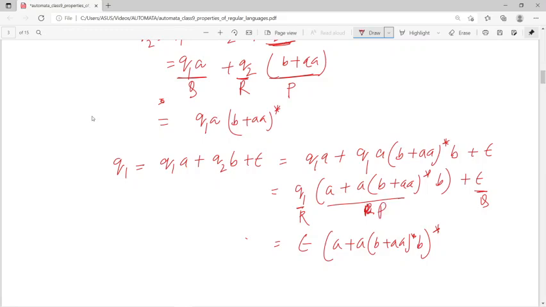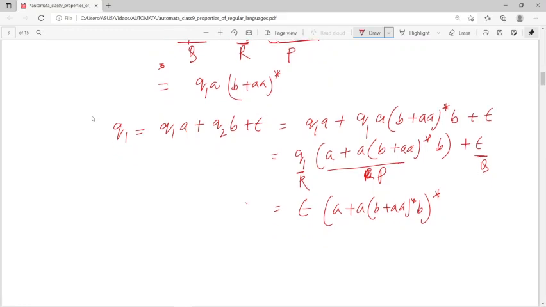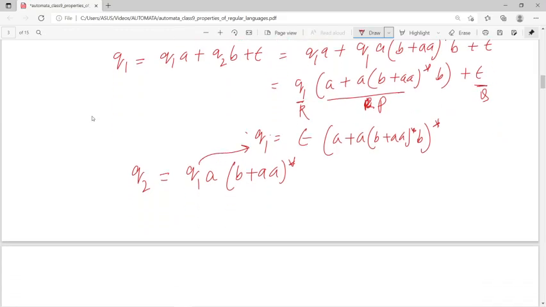Okay, so same as formula, we gave the input, that means that will give you the result and we will get the value of q1. এবারে q1 থেকে আমি q2 এর ভ্যালু তো অলরেডি জানি, because q2 তো আমি আগেই বের করেছিলাম that should be q1a b plus a star. We can just replace the value of q1 here, and then you will get this.